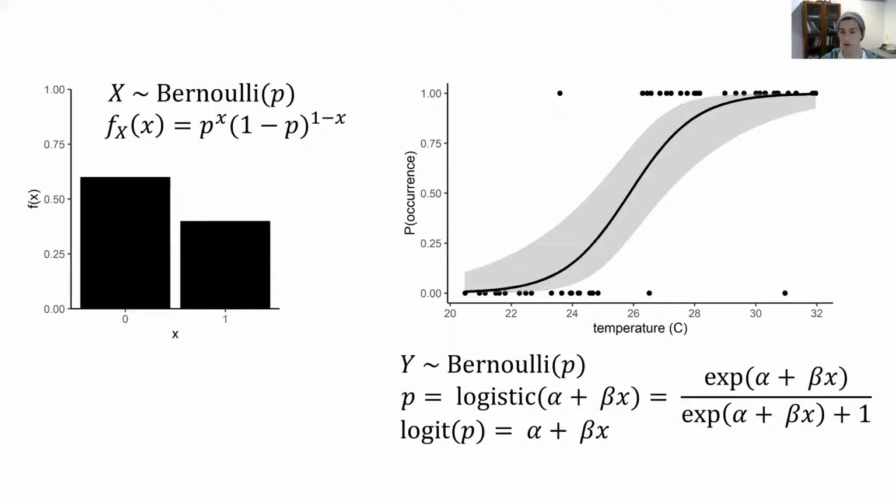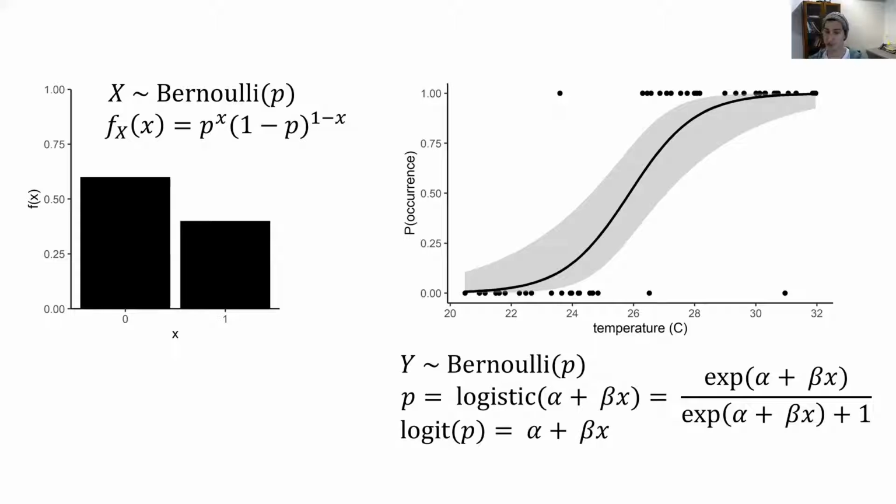So as we know, for any likelihood-based method, we have to assume a statistical distribution that the data follow. For data containing either species occurrences or absences, the distribution that we'll always use is a Bernoulli distribution, which is a simplification of the binomial distribution, and we should be familiar with both of these distributions by now.